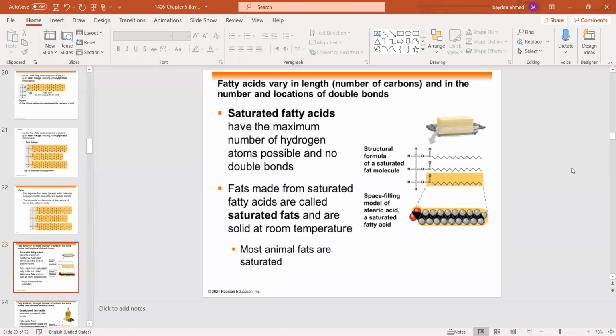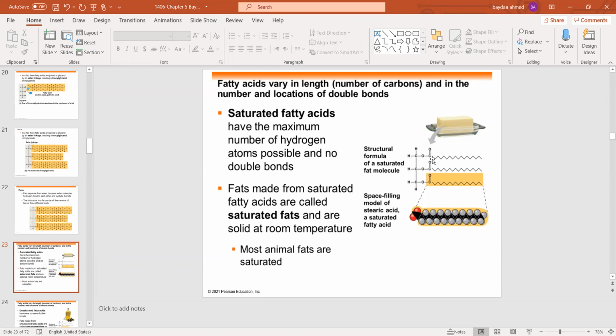Fatty acids vary in length, number of carbons, and in the number and locations of double bonds. The terms saturated and unsaturated fat are commonly used in the context of nutrition. The terms refer to the structure of the hydrocarbon chains of the fatty acid. We will focus on the hydrocarbon chain of the fatty acid.